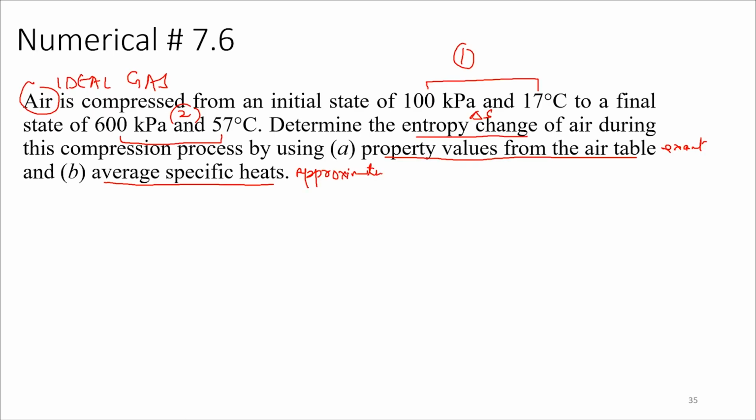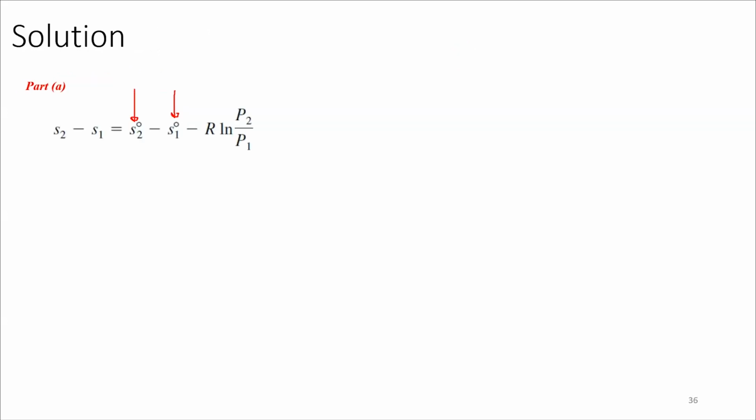What you have to do is that the first is the exact analysis. You will go directly to table A17 for S naught 2 and S naught 1. At 17 plus 273 Kelvin, what is the value of S naught 1? At 273 plus 57, what is the value of S naught 2?